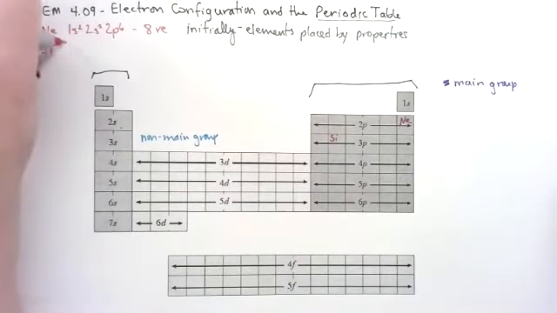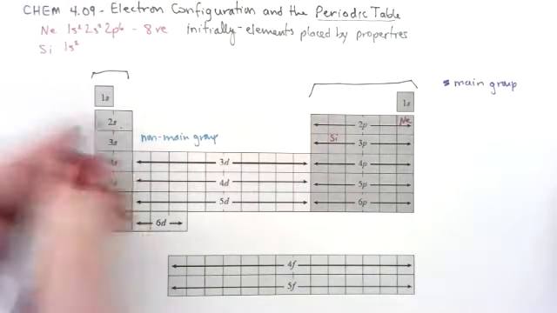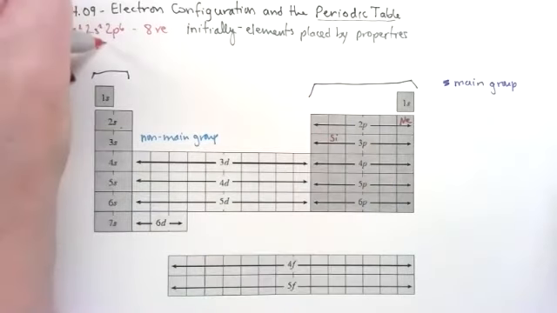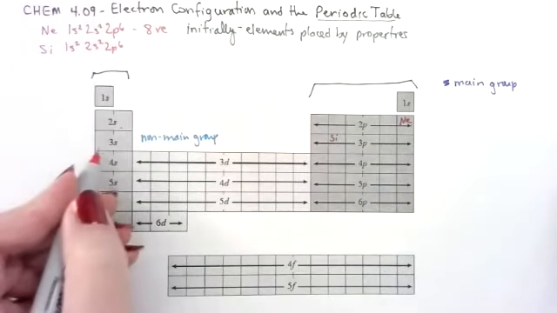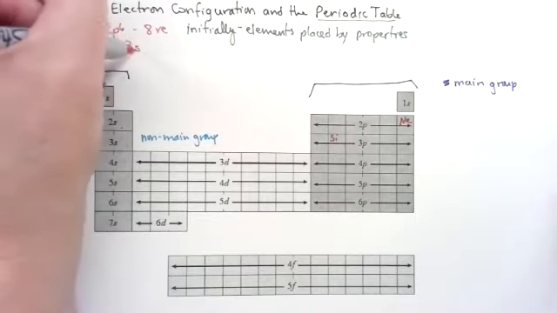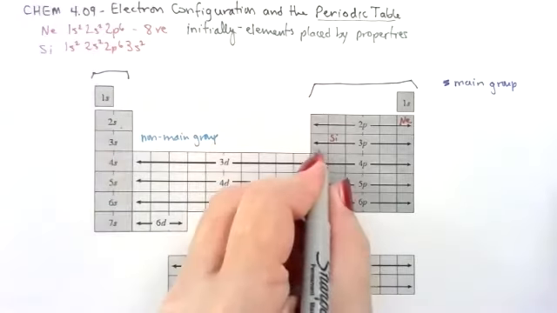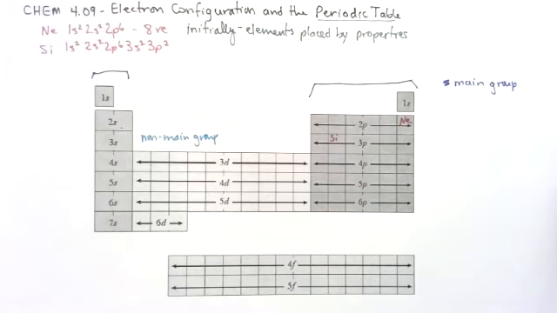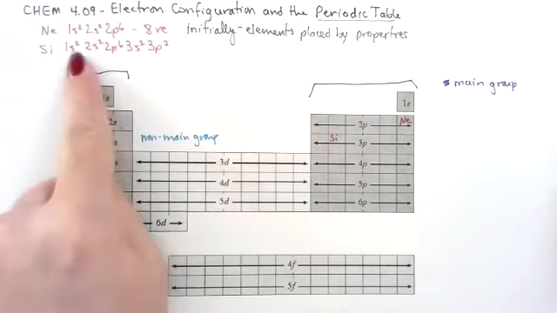The first row is going to be 1s2. Then I go to 2s2, and then 2p, and those are all full, 2p6. Then I go to 3s2, and then 3p2. So that means the electrons for silicon fill in this order.